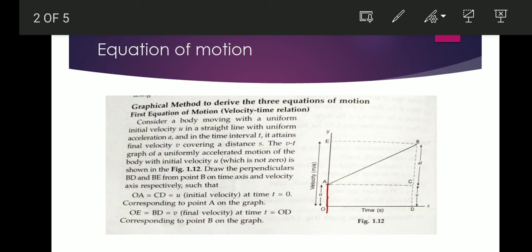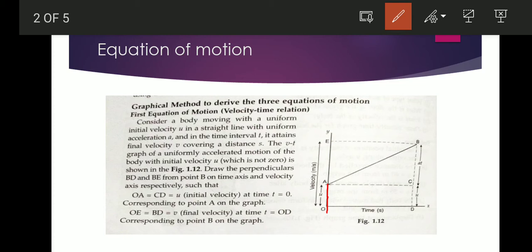Then since we are moving with a uniform acceleration, here we have to draw the perpendicular lines BD and BE from point B on time axis.